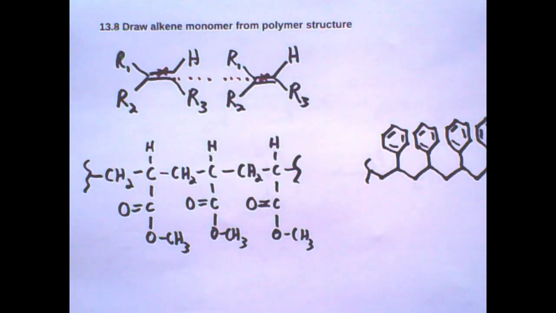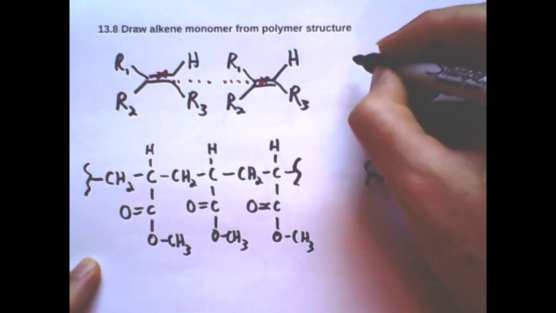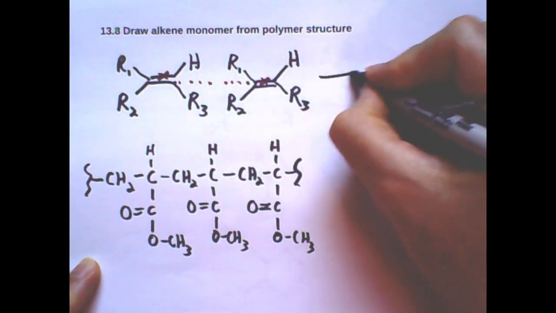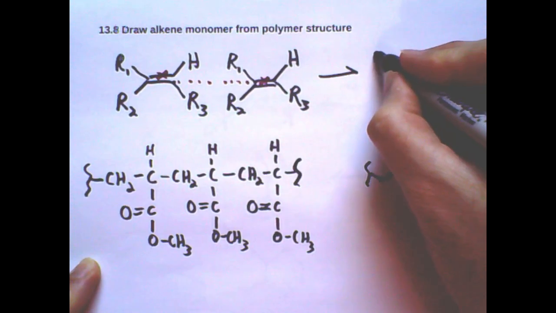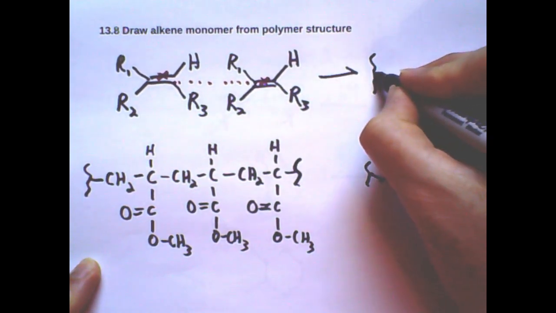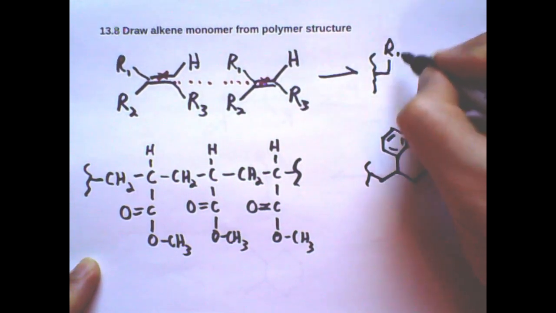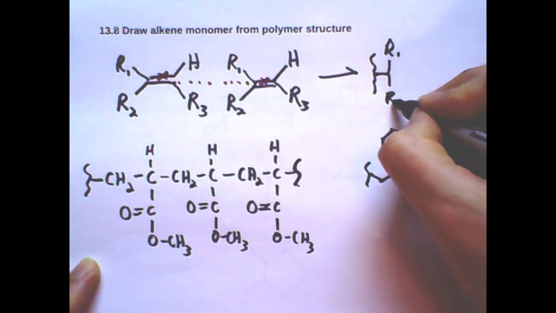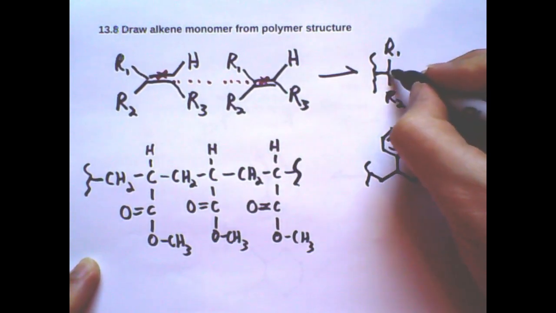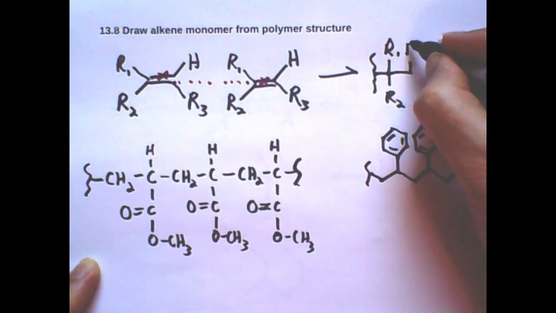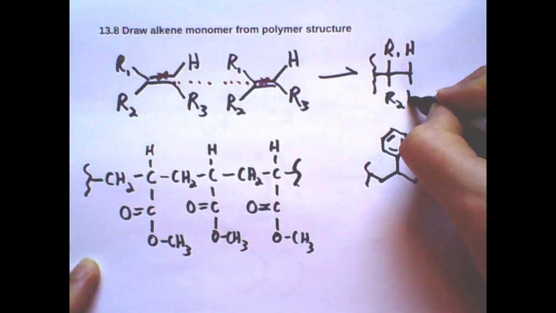And so we end up with a chain that starts someplace and has R1 and R2. They might just be hydrogen. Going to the next thing with H and R3.